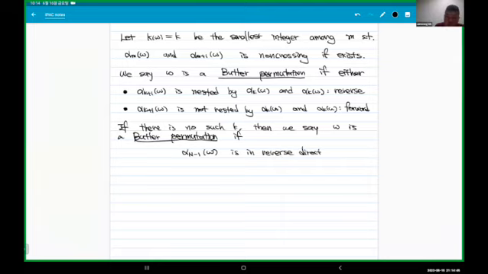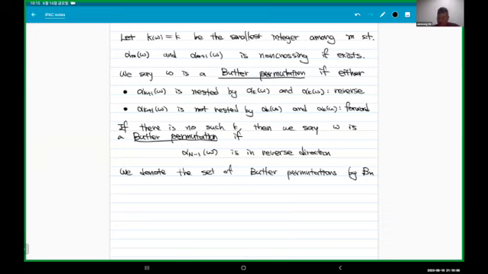And we will denote the set of Butler permutations by curly B n.